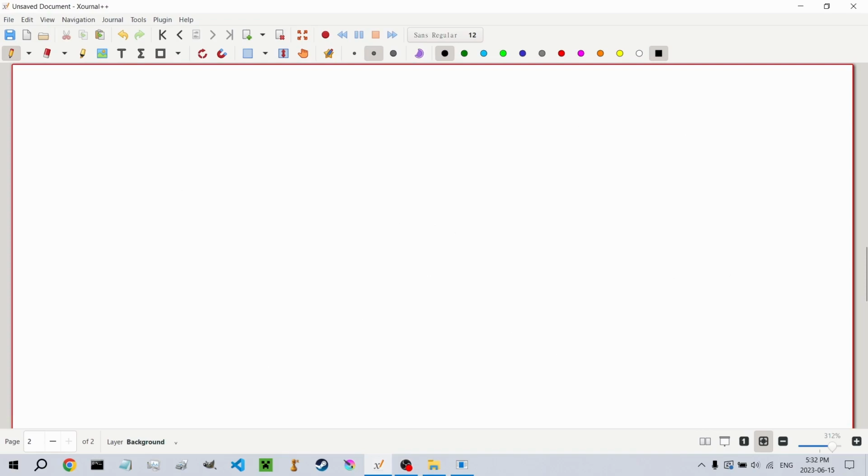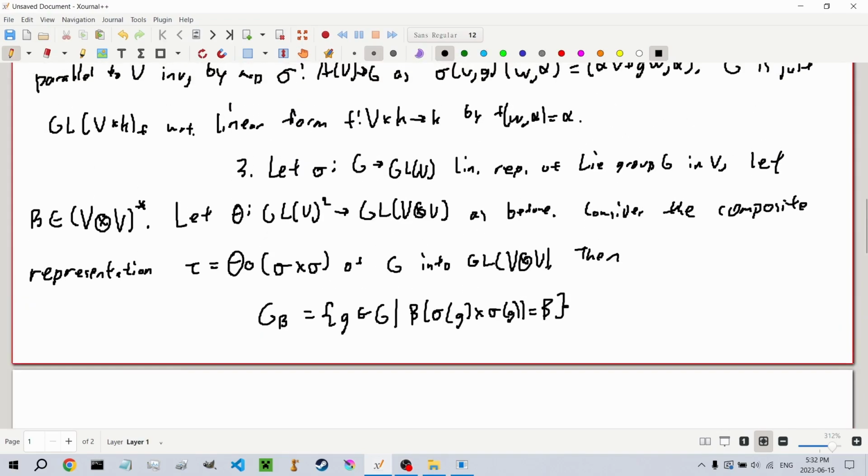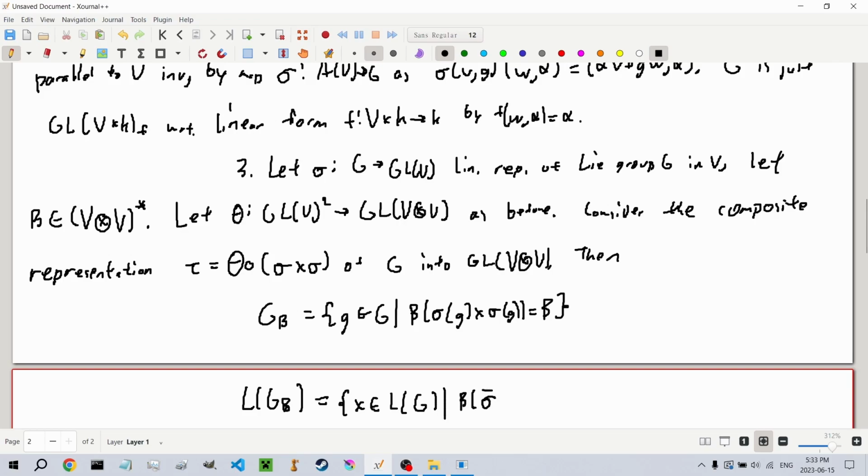It's a Lie group and its algebra L of G beta is X in the algebra of G where beta of sigma bar of X tensor 1 plus 1 tensor sigma bar of X is 0.